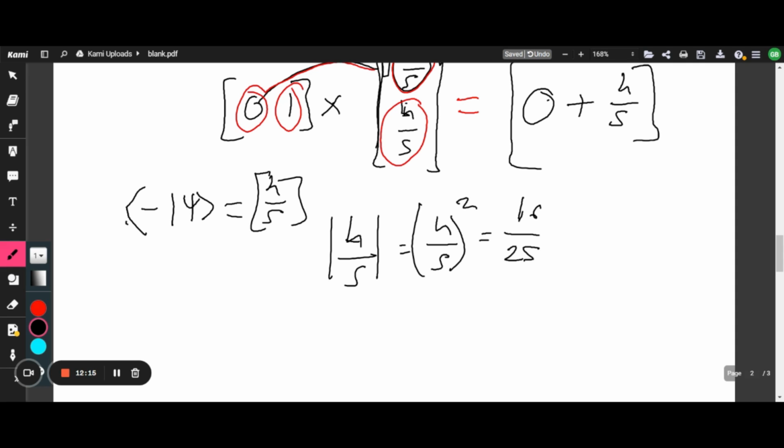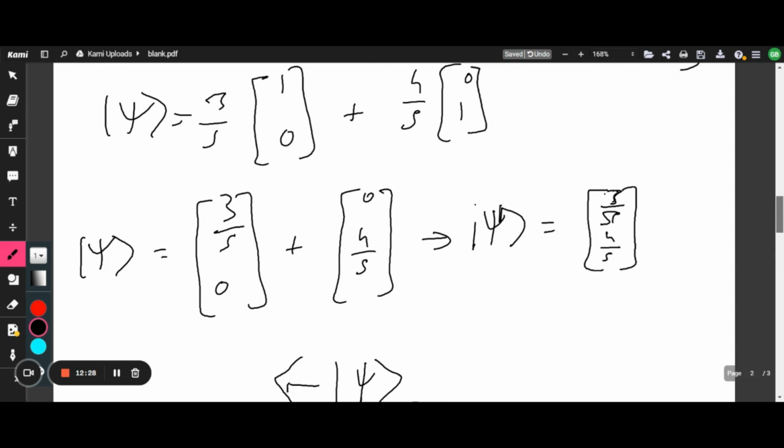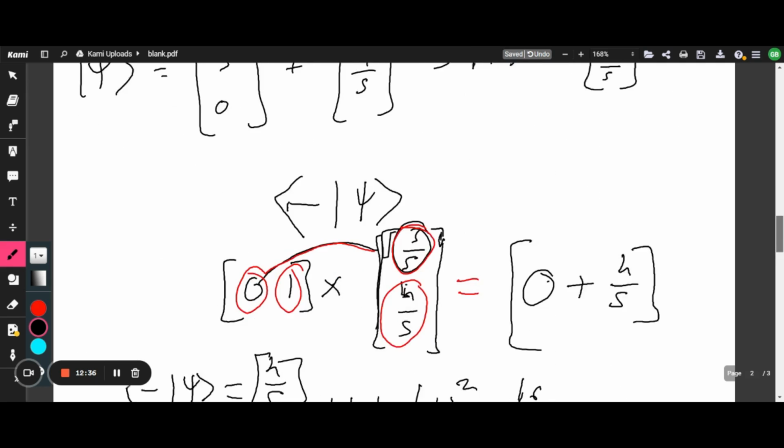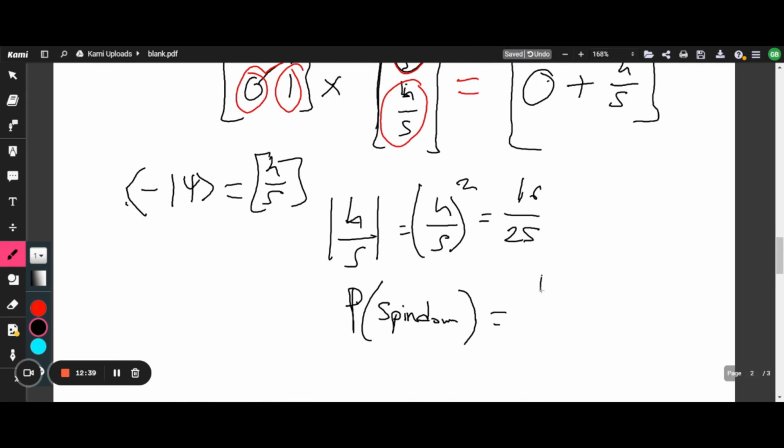So we find that the probability of finding a particle spin down in this particular function of psi equals 16/25, which can just be simplified down to... actually no, it can't be simplified.